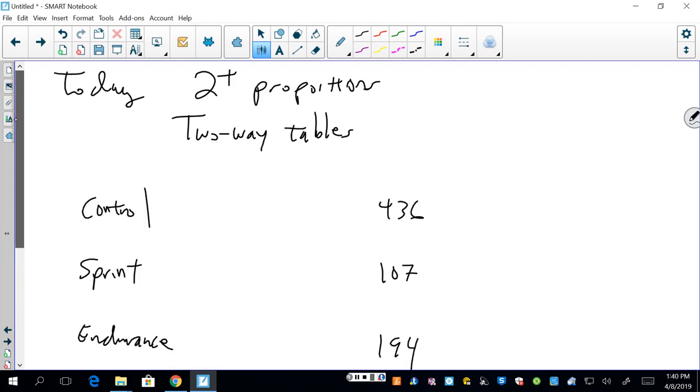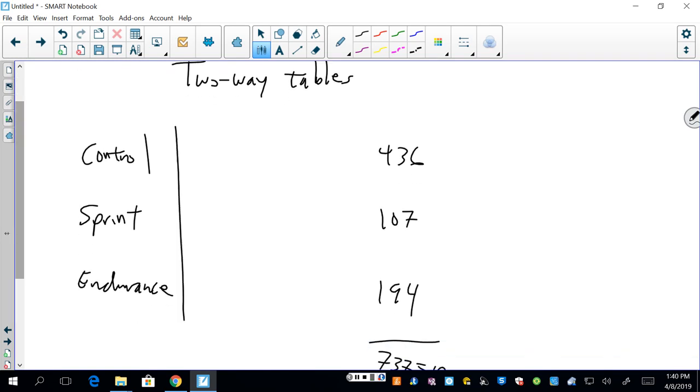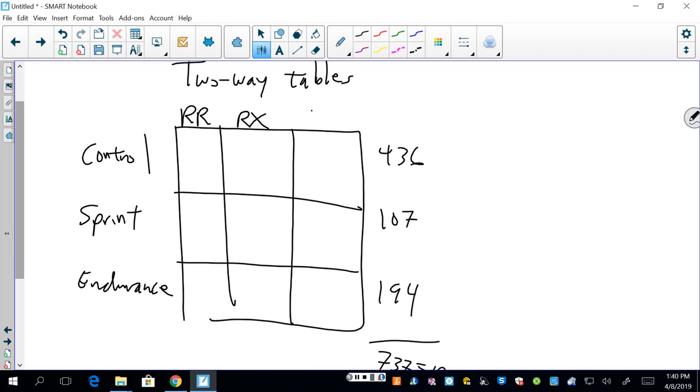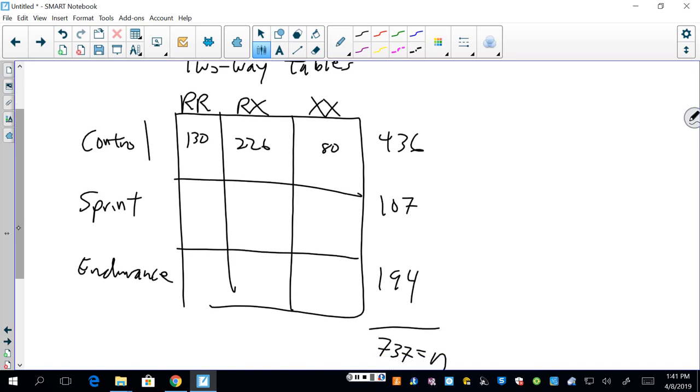And they do the genetic testing on these different individuals, on some genes related to muscles. The genotypes are RR, RS, and XX, related to whether they're fast muscles or a certain type. And so they get 130 as the count here, 226, 80 in that row.